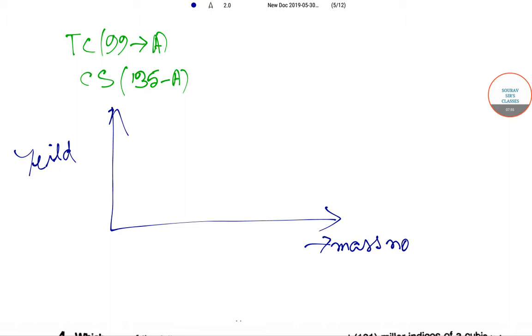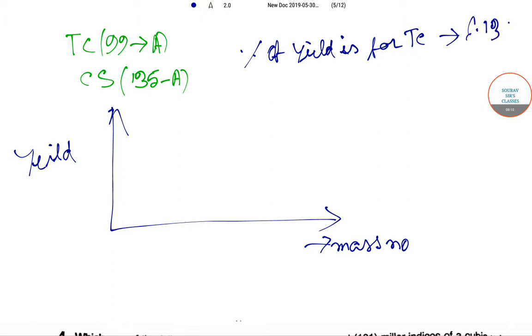Okay, here the percentage of yield for Tc is 6.13%, and the yield for Cs is 6.9%.